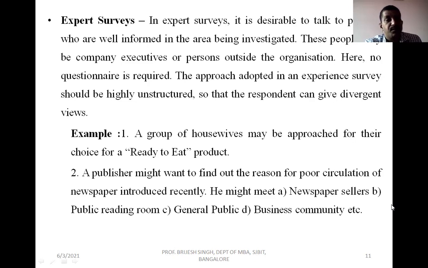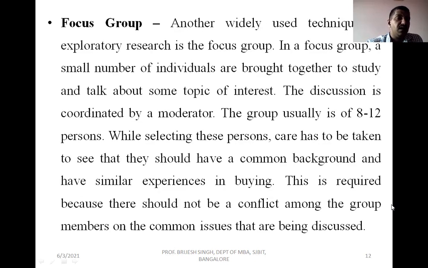Next, we have focus groups. This is also another widely used technique for exploratory research. In a focus group, a small number of individuals are brought together for the study and requested to discuss the topic of interest to the organization.